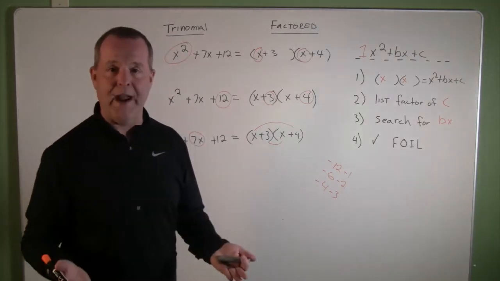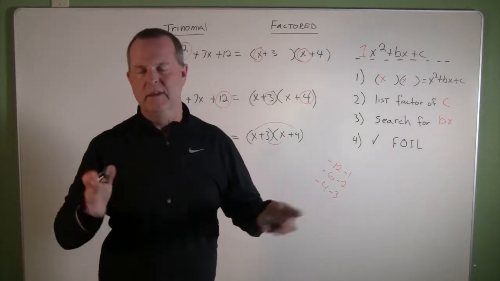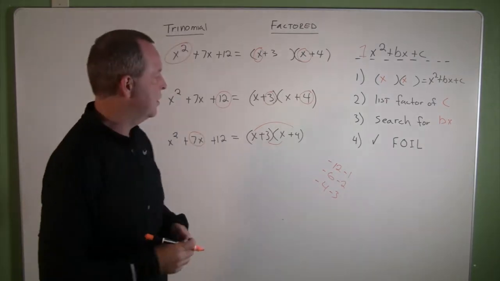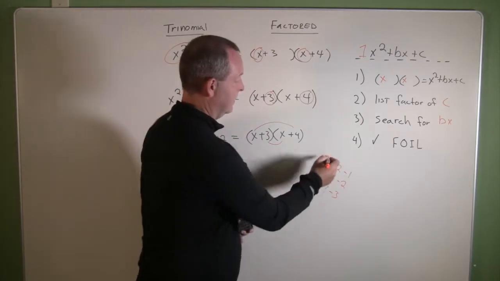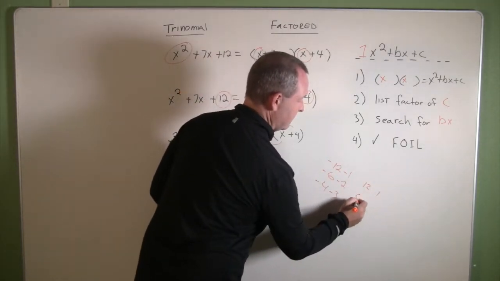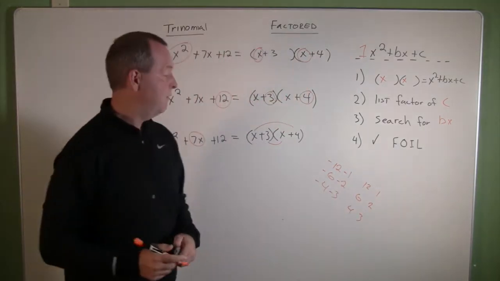We can find other factors, like 24 and 0.5, but we're not going to worry about those at this point. We're just looking at the integers. So list all the factors of c, and I probably should have written them out like that. So there's 6 different factors.